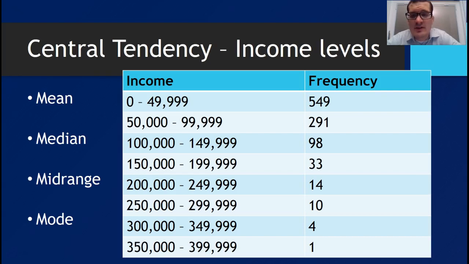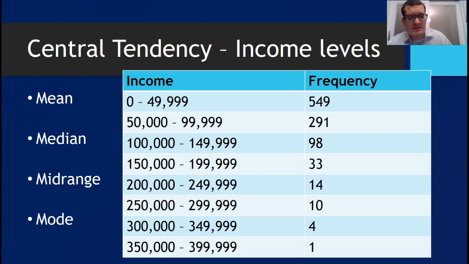Now, what you might have noticed about this example is that the vast majority, the biggest portion of people fell into these first couple of ranges here. So we have a lot of people in these first couple of ranges, and then as it gets to higher and higher values, the numbers sort of fade away.